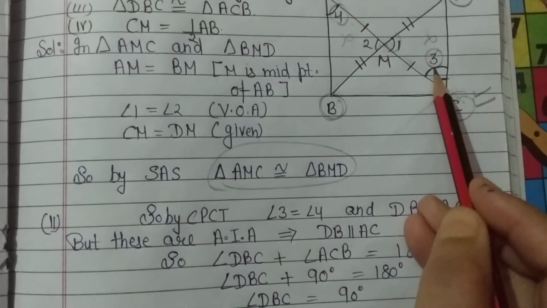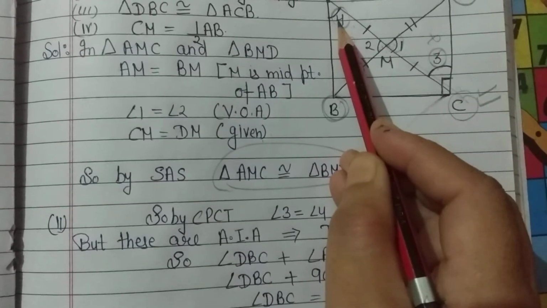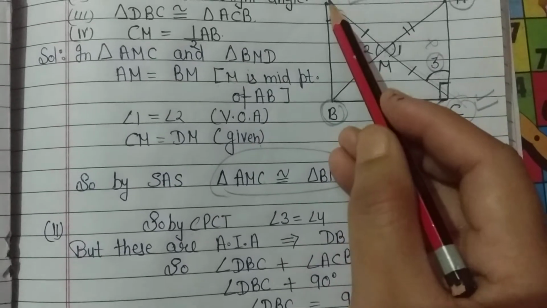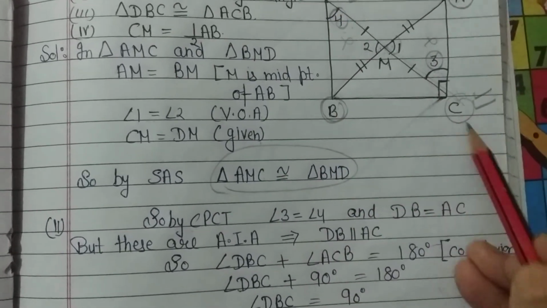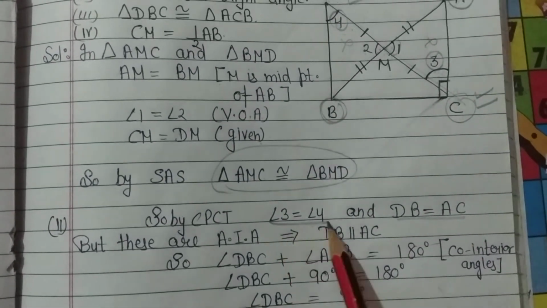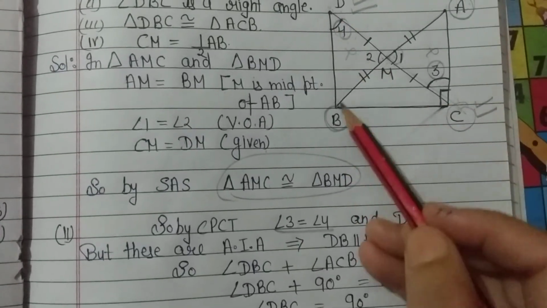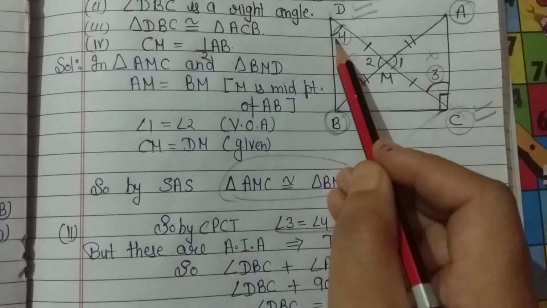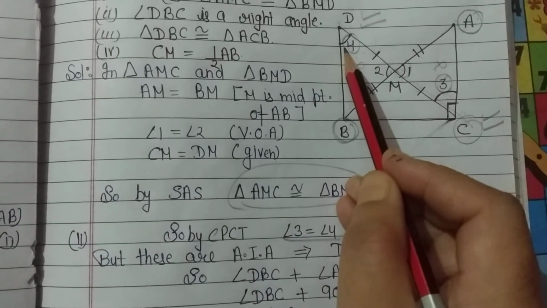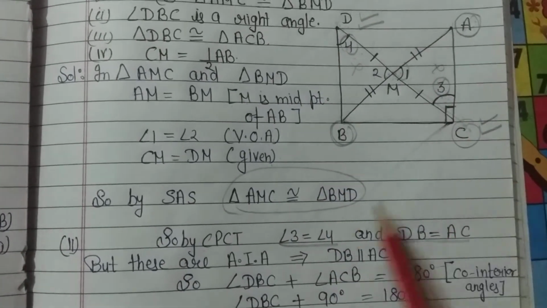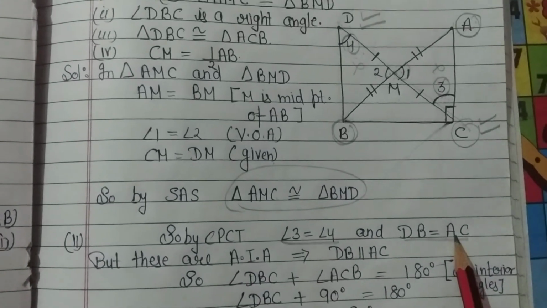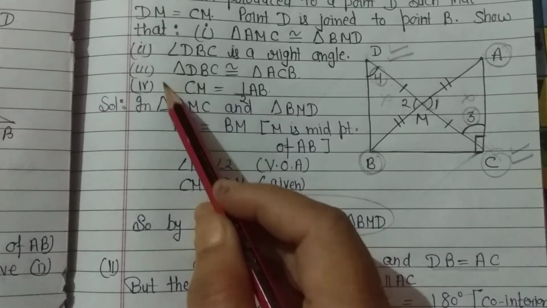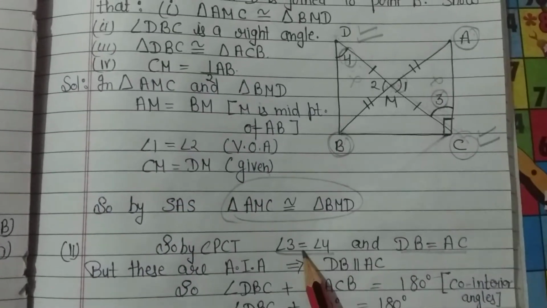Remember, this angle 3 is equal to angle 4. And also DB is equal to AC. By CPCT, I have written both. Why have I taken two CPCTs? Because other three parts are also pending. For that, I will use these two concepts.